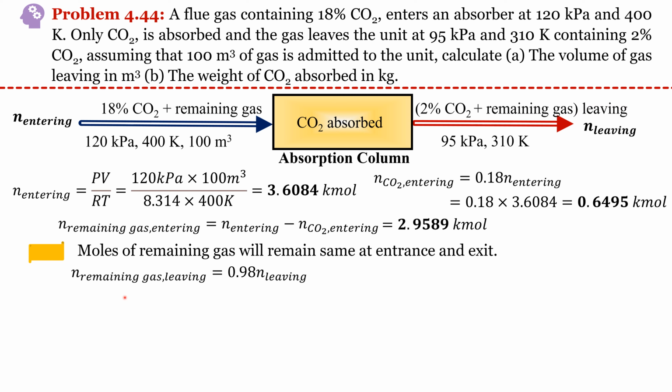So moles of remaining gas will be equal to 0.98 into N leaving. And we have already mentioned that moles of remaining gas will remain same at entrance and at exit, and we have already estimated N remaining gas at entrance equal to 2.9589 kilomole.